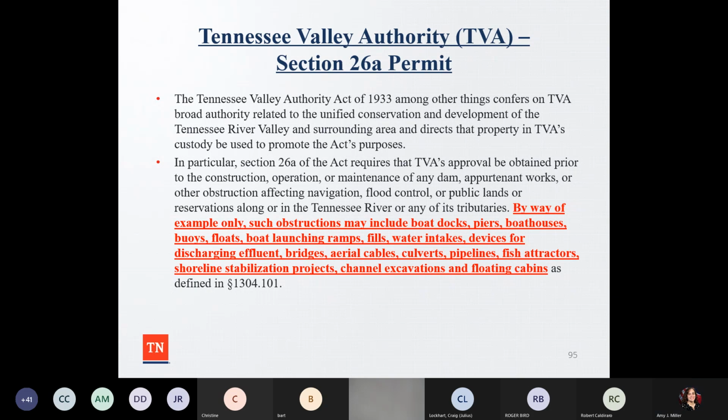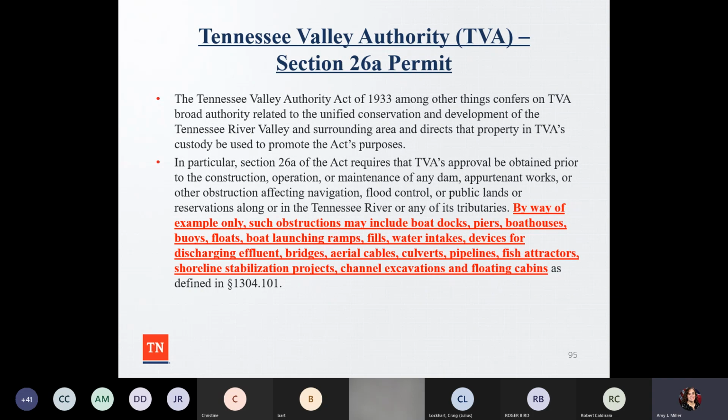I highlighted this in red because a lot of times people want to have development within the river, and they say, it's on TVA property, it doesn't matter, right? Or there are some communities that say, hey, it's within TVA property, I'm a floodplain administrator, I don't want to mess with it, so I'm not going to do it, right? Wrong.